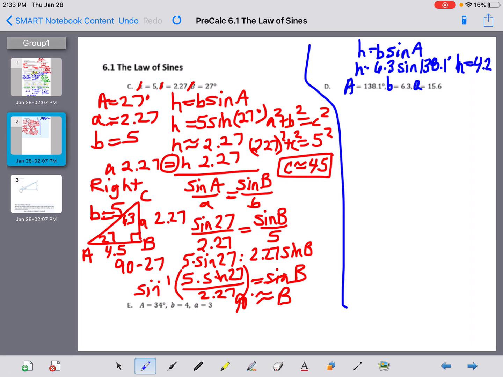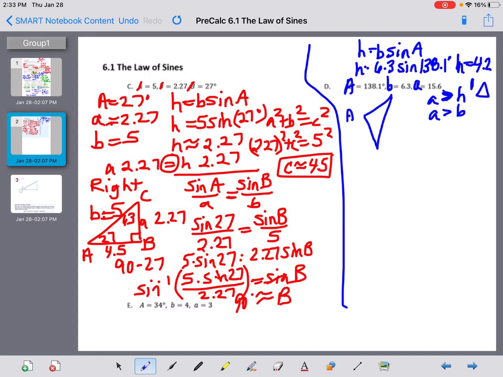That's the height. So my A is definitely bigger than my H. So if A is bigger than H, and A is bigger than B, I get one triangle, right? So that's all I can get is one triangle. I'm going to try to find out what I know. Okay, A. I know I don't draw things to scale, but I could try to do a little bit, right?